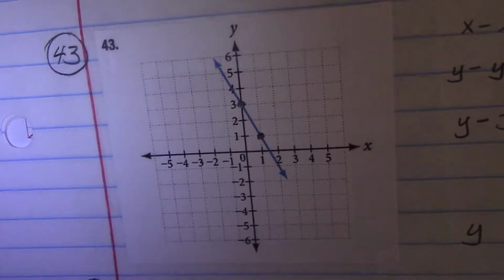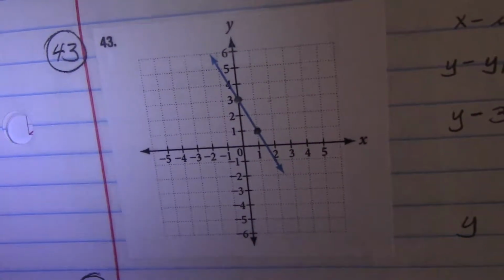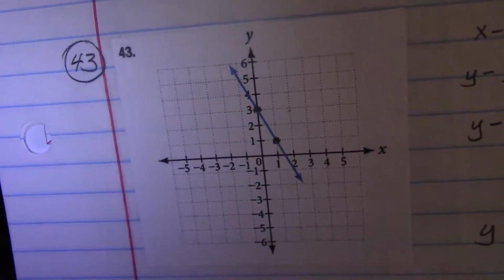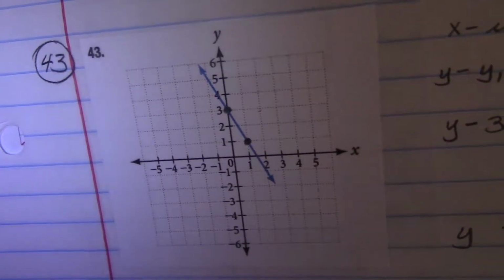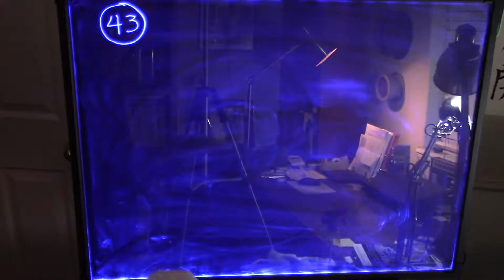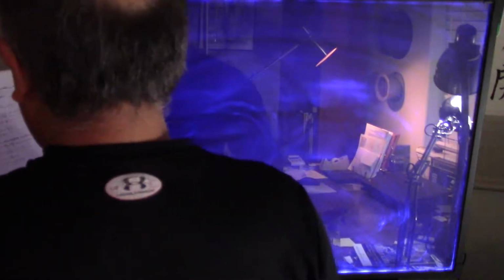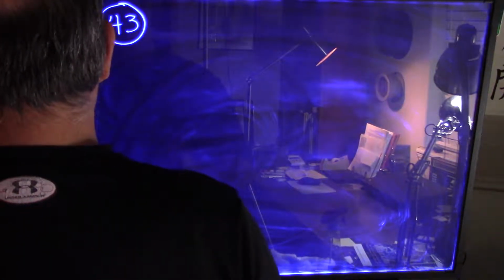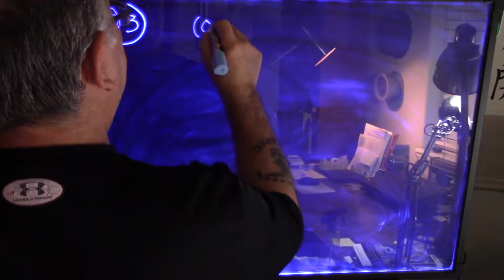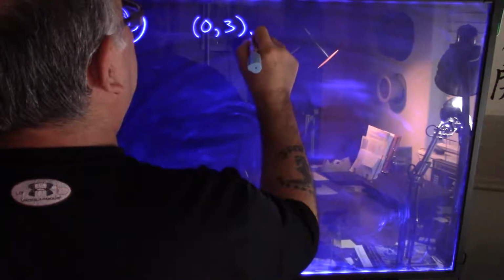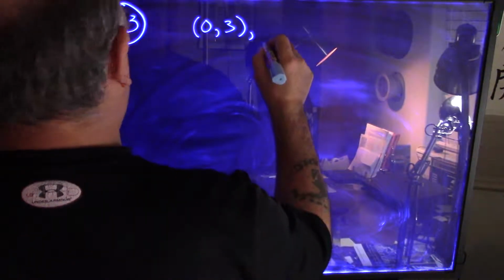The intercepts, well, the x-intercept, I could probably use 1.5 for that, but I'm going to use some integers this time. Alright. So I'm going to use 0, 3, the y-intercept, and 1, 1.